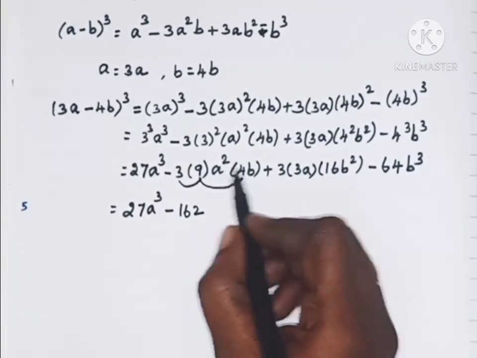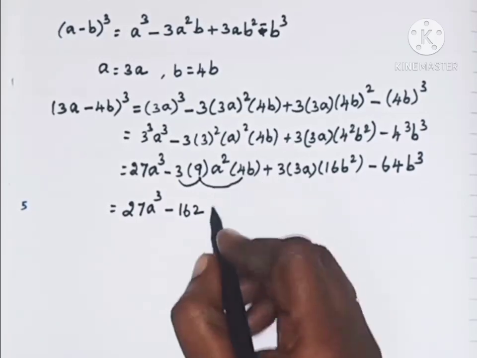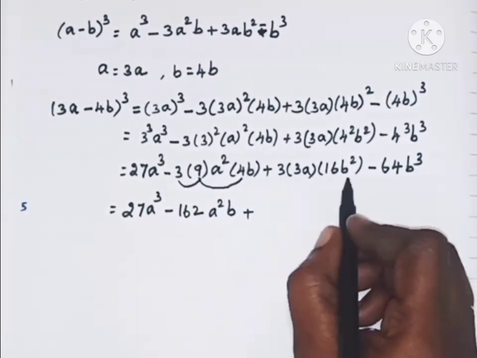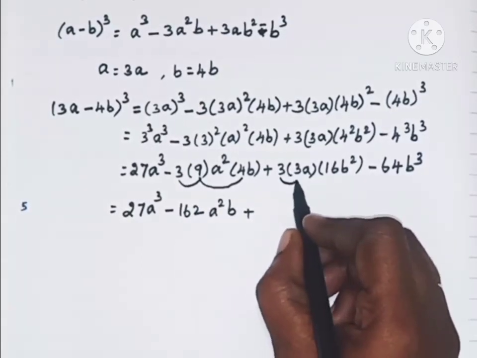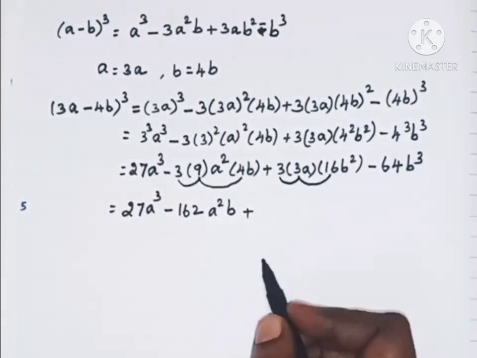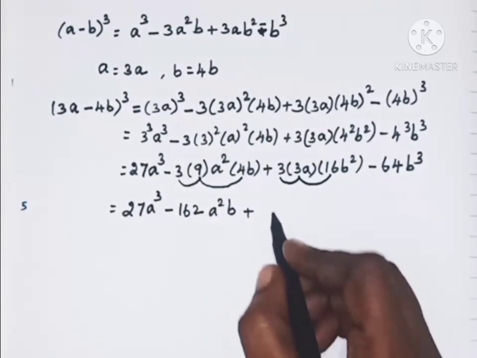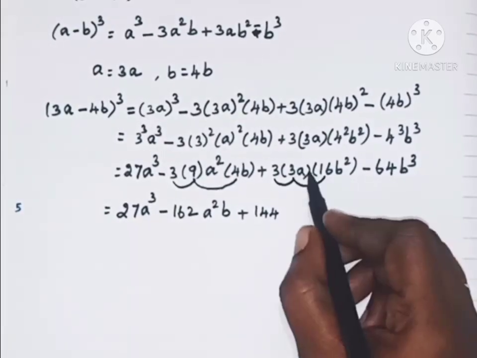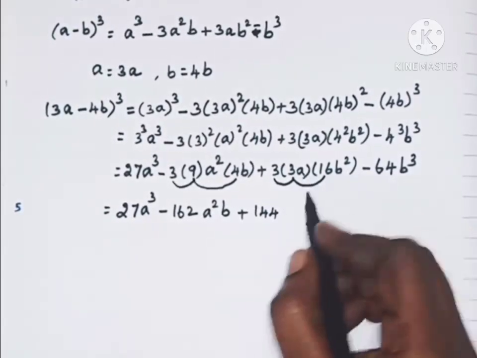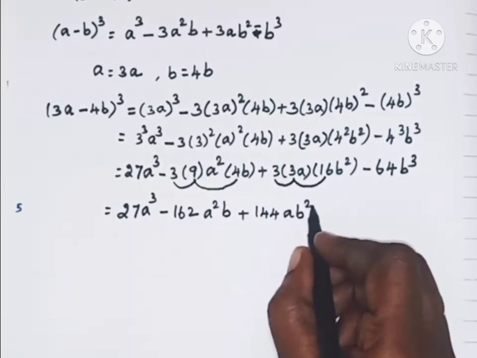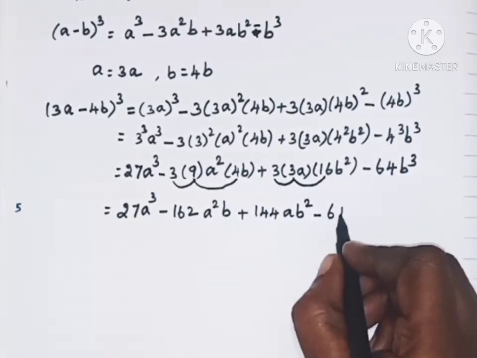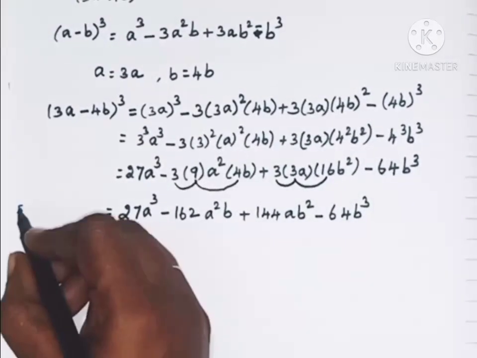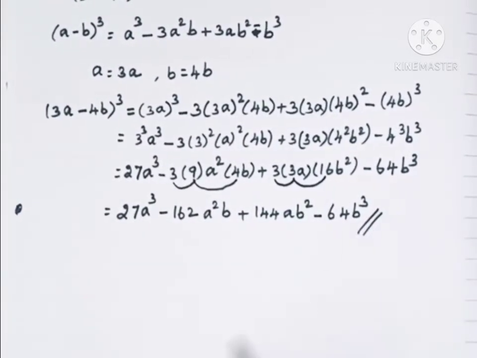Then multiplying the variables, a square into b is a square b, plus here in this term multiply the constant first. 3 3s are 9, 9 into 16 is 144, 16 9s are 144, and multiplying the variables, a into b square is a b square, minus 64 b cube. This is the answer for this fourth sum.